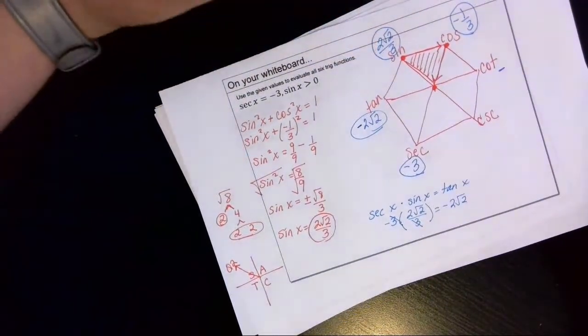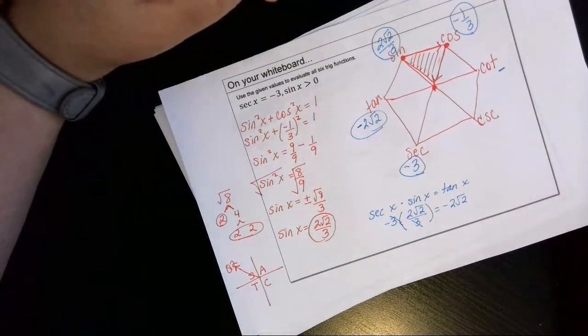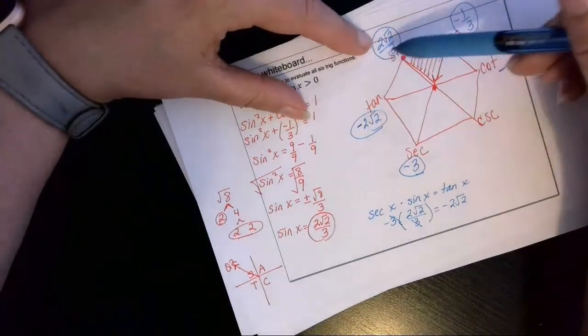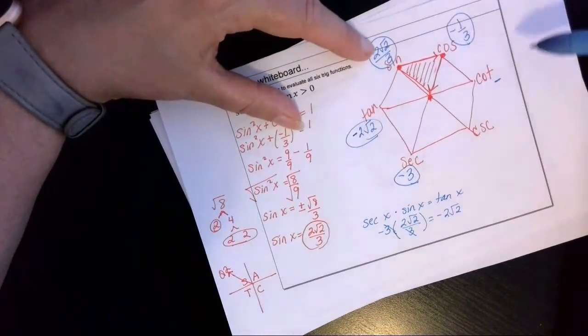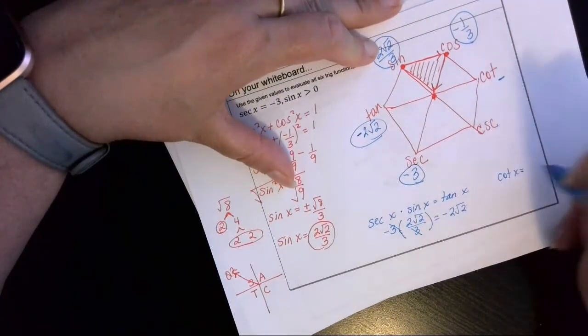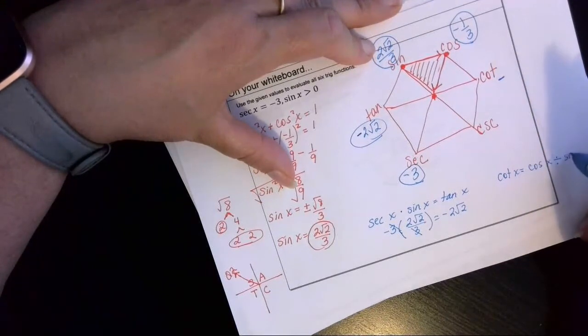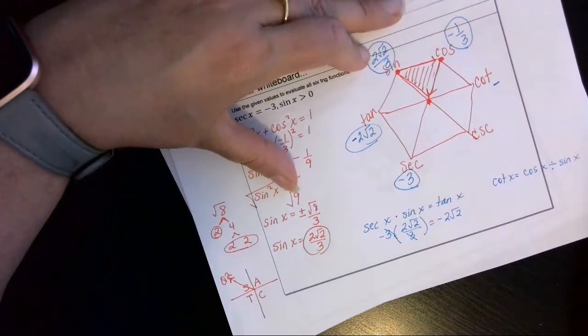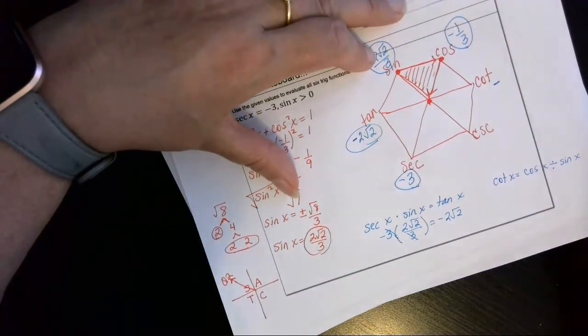Okay, then to get the cotangent, we could do the quotient identity. So cotangent of x is equal to the cosine of x divided by the sine of x. That's our quotient identity going counterclockwise.